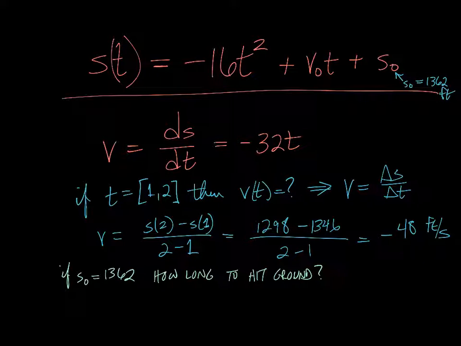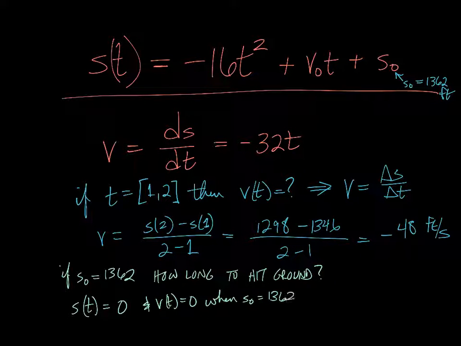Well, this means that the position at the time it hits the ground is going to be 0 because it hits the ground, when s naught is 1362. So that means I have 0 equals minus 16t squared plus 1362.